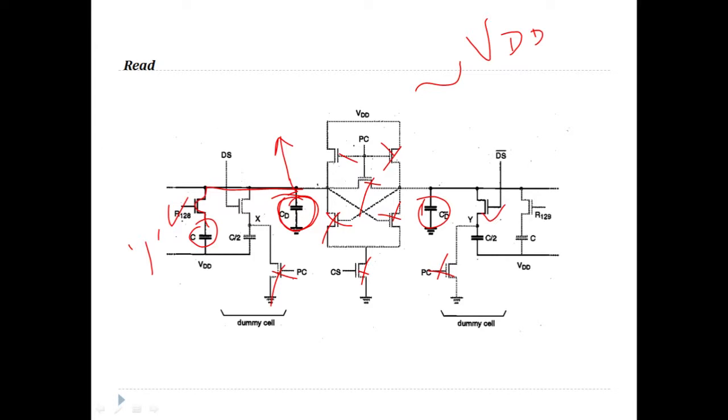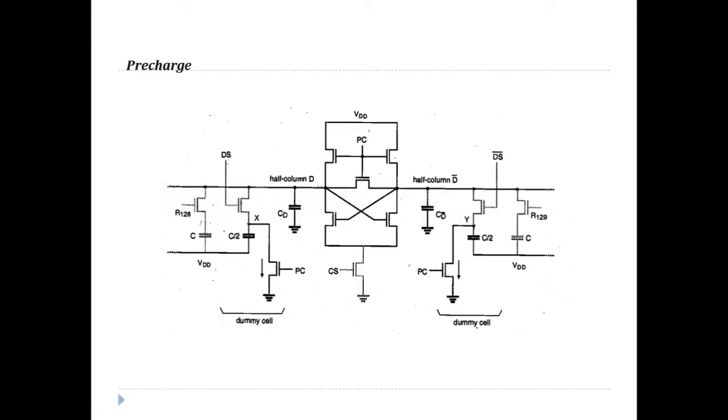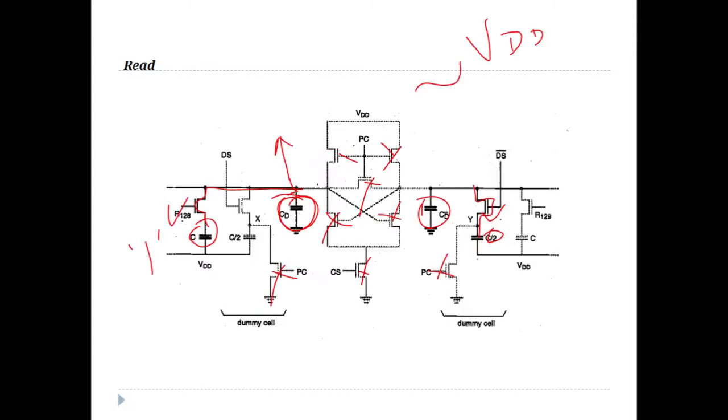Also, this DS bar is on, and because of it, this transistor is on. So this capacitor, C by 2, was pulled to the ground during the pre-charge. So now it does not carry charge.